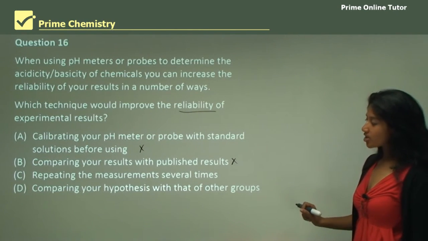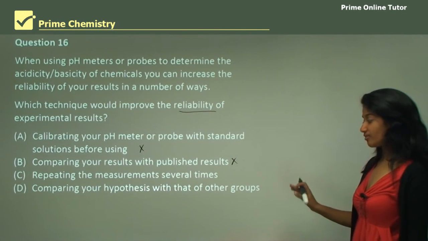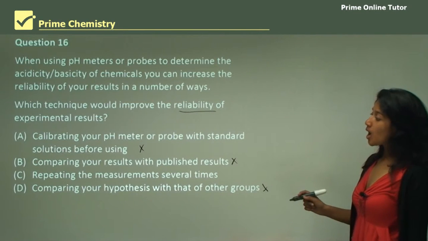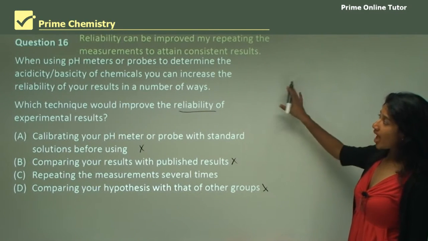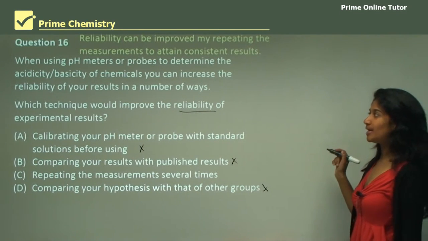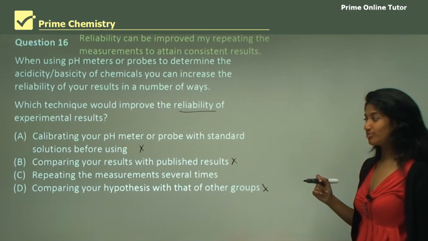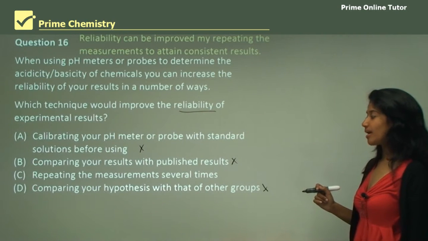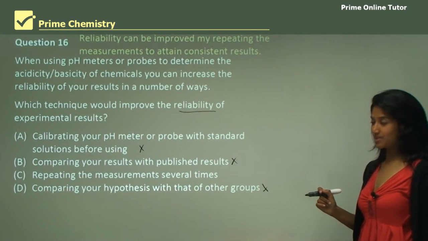Option D, comparing your hypothesis with that of other students does not improve the reliability. Option C, reliability can be improved by repeating the measurements to attain consistent results. Therefore, the answer is option C, repeating the measurements several times.